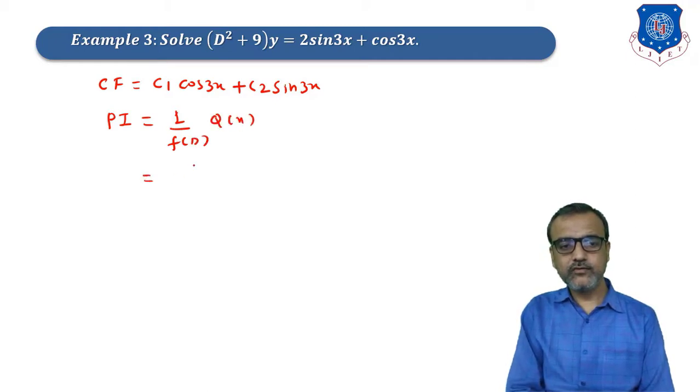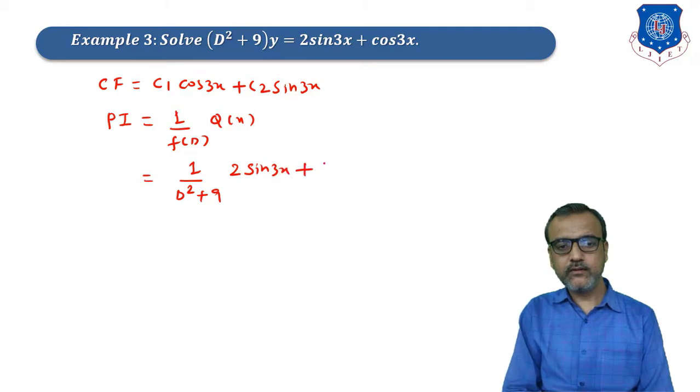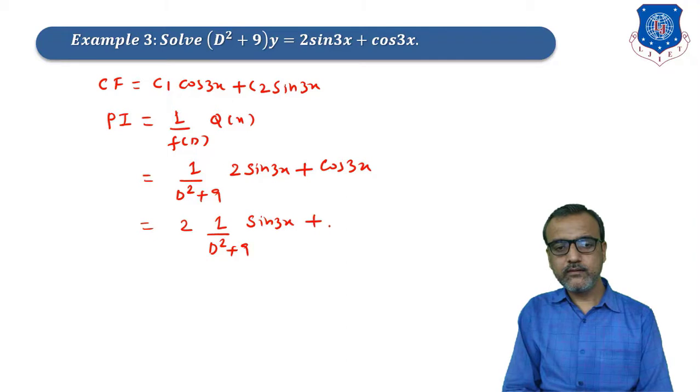So this equals 1 upon D square plus 9 into 2 sin 3x plus cos 3x. Now we will apply 1 upon D square plus 9 on these two functions. 2 is a constant value. 1 upon D square plus 9 sin 3x plus 1 upon D square plus 9 cos 3x.